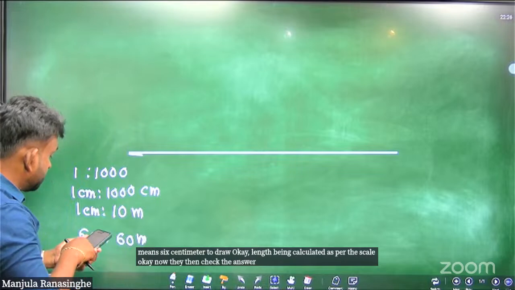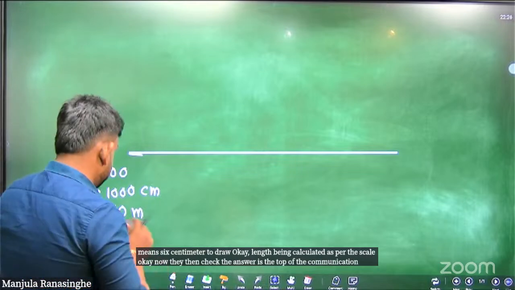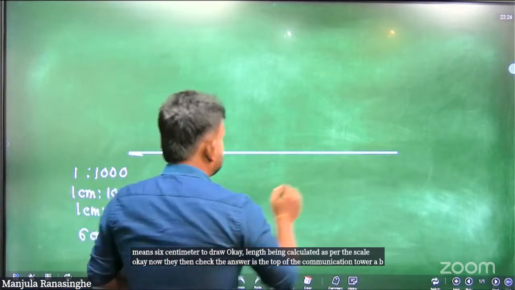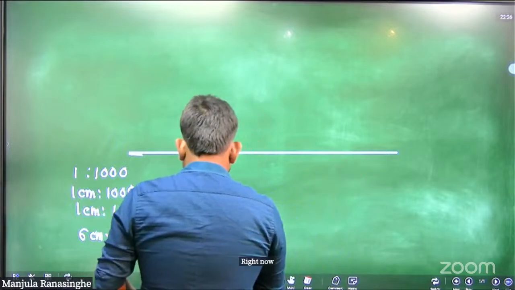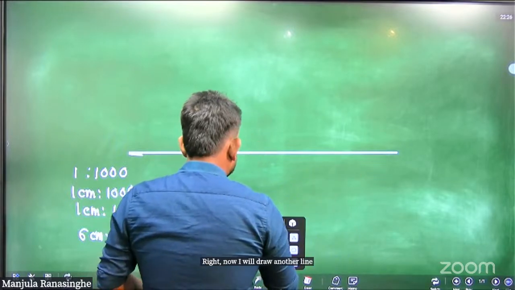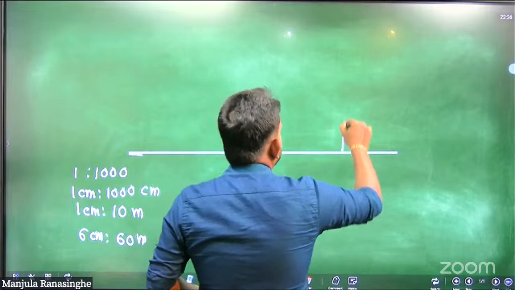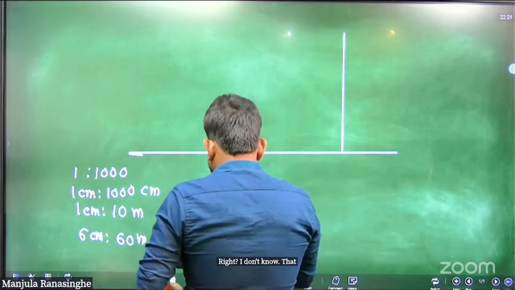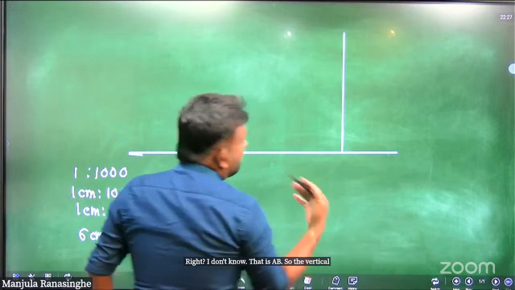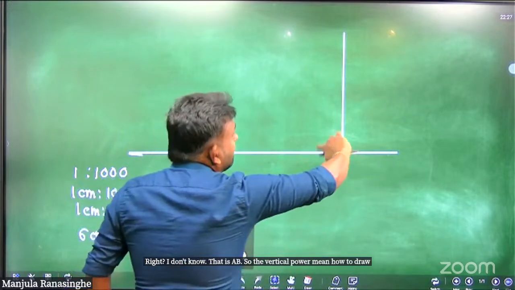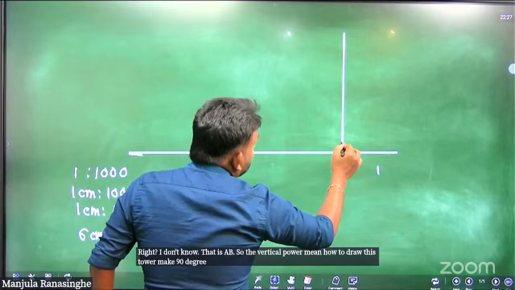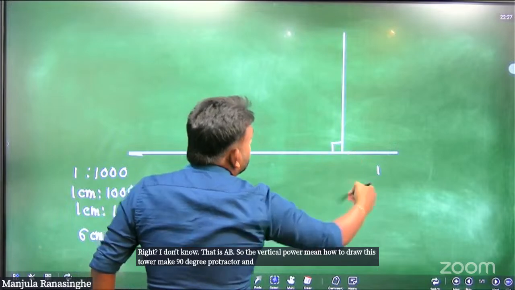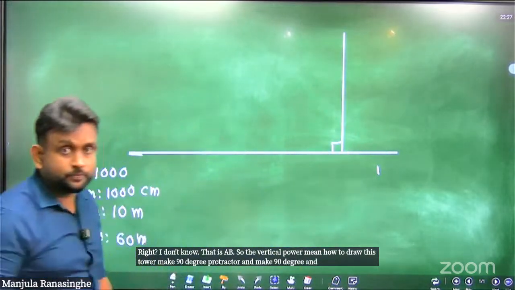A is the top of the communication tower AB. Right, now I will draw another line. There is a tower there, right? That is AB. So for the vertical tower, how to draw it: use the protractor, make 90 degrees and draw the vertical line.